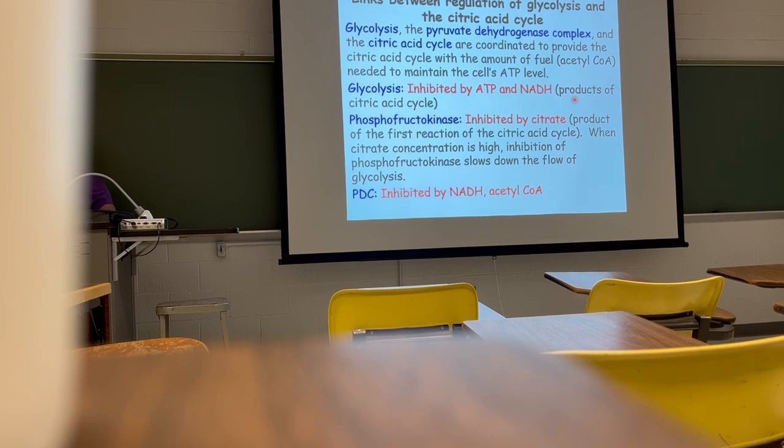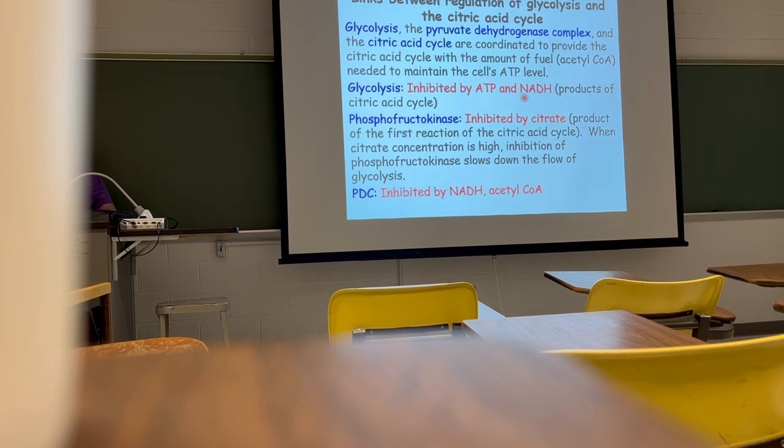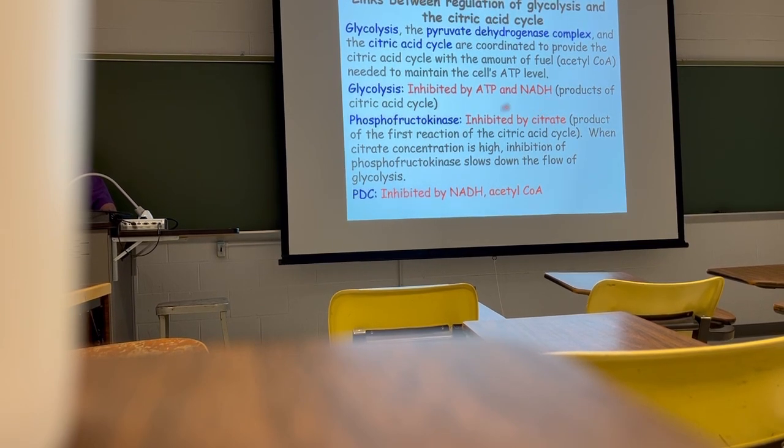Okay, so coordination of the citric acid cycle is linked to coordination of glycolysis. So glycolysis is inhibited by ATP and NADH, which are products of the citric acid cycle. So citric acid cycle products are regulating glycolysis. What's the most important enzyme in regulation of glycolysis?